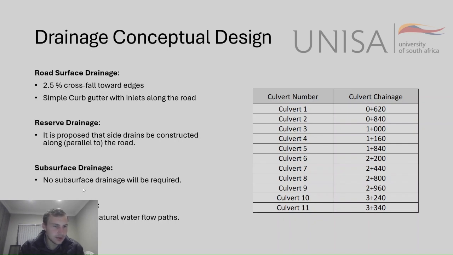The water drop test was used for this to observe the natural water flow paths. That's how I got these values for the culvert drainage, culvert chainage and culvert number. So we have a total of 11 culverts along with the chainages where water wants to cross the road.